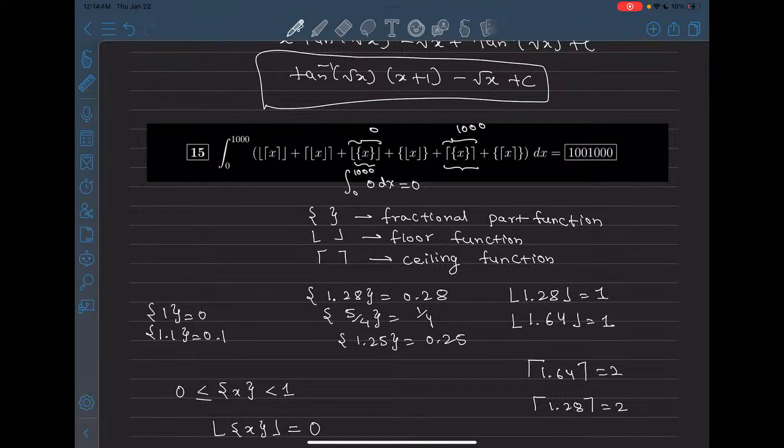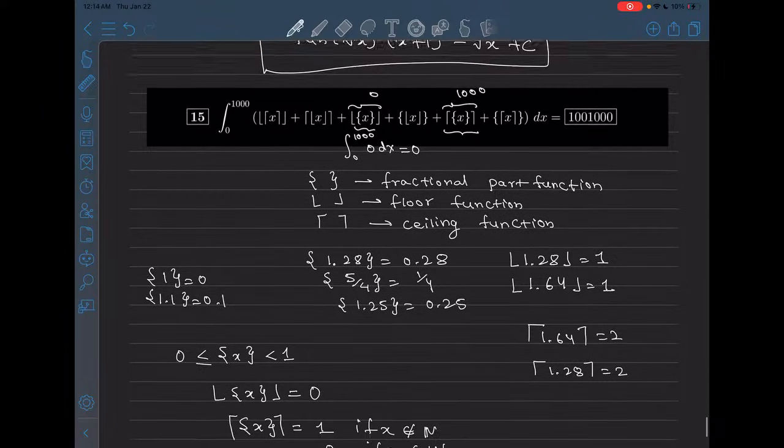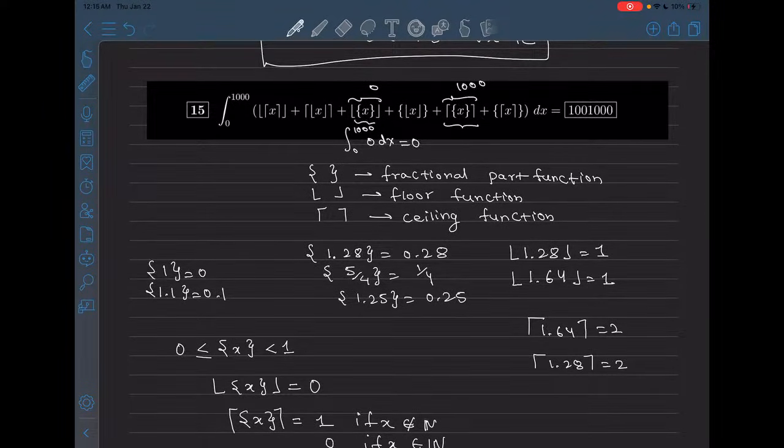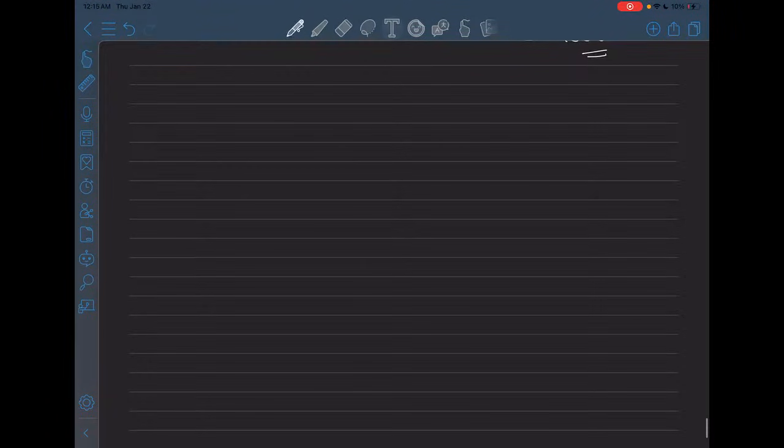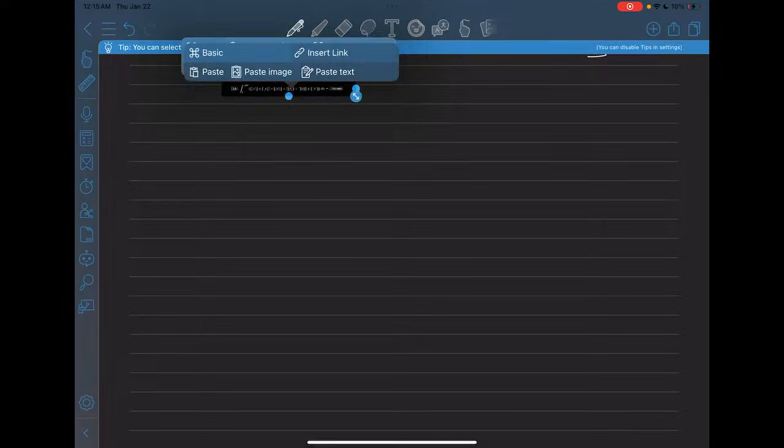Okay, so we see that this one is just 0 and this one is just 1000. Now let's go with the others, one by one for all of them. So, let me copy this problem again because it's already so messy.